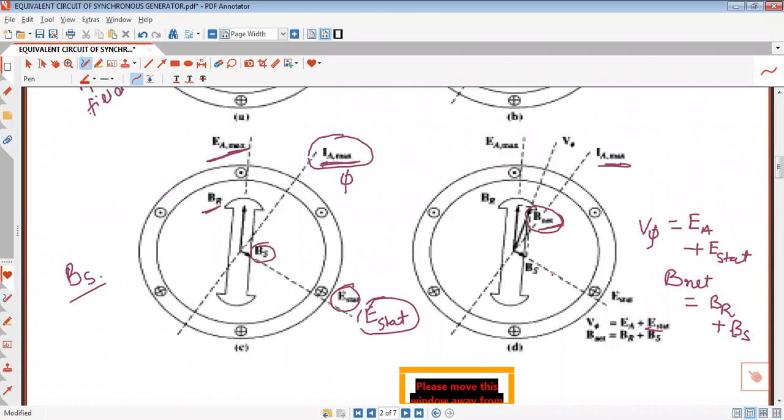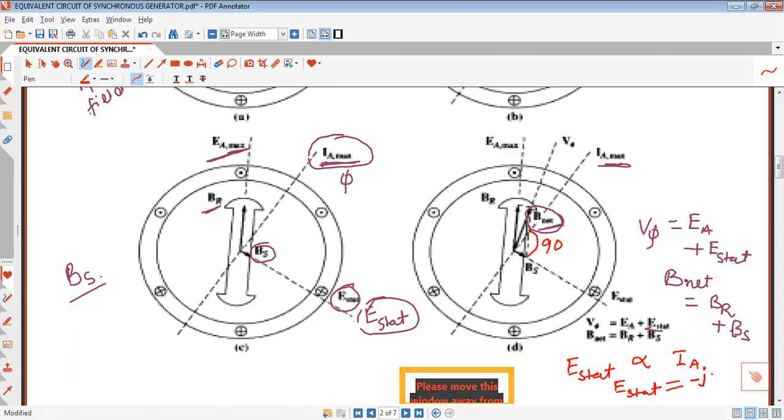Here we can see that E stat is 90 degrees lagging behind the armature current. It is also proportional, meaning E stat is proportional to IA, lagging by 90 degrees. So if we equate it, it will be like this.